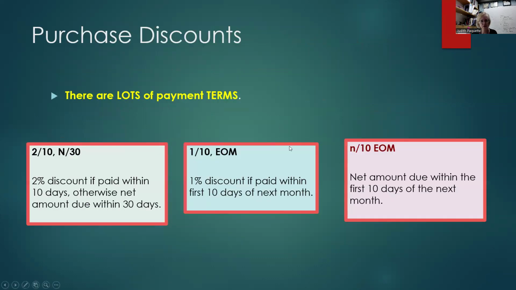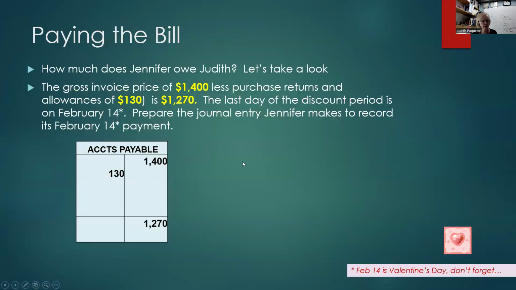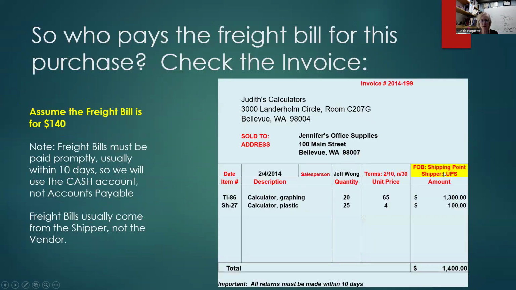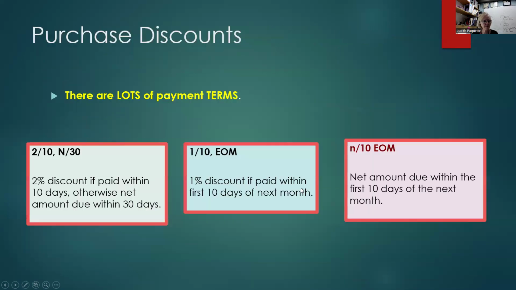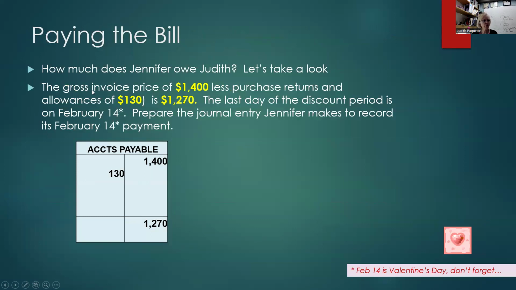Okay. And then here are all the different discount terms. So remember, let's go back to the invoice. The terms are 2/10 net 30, and the date is February 4th. So they're going to pay this bill on February 14th.